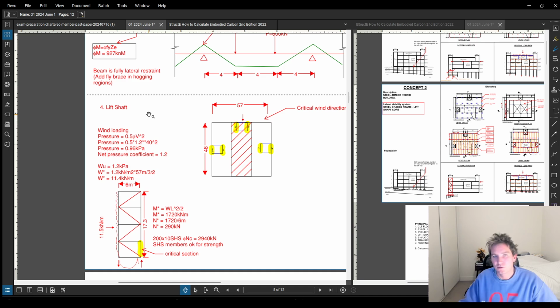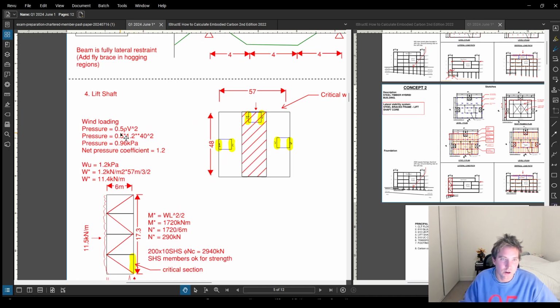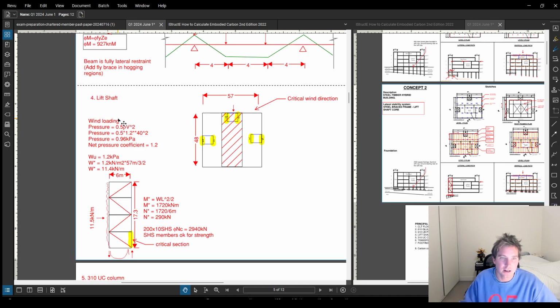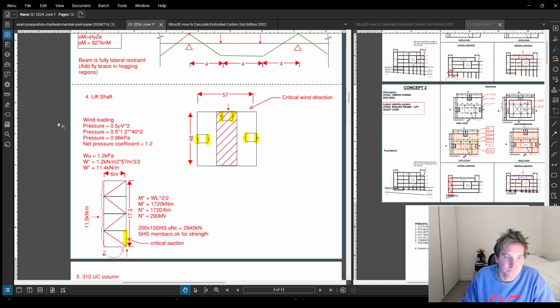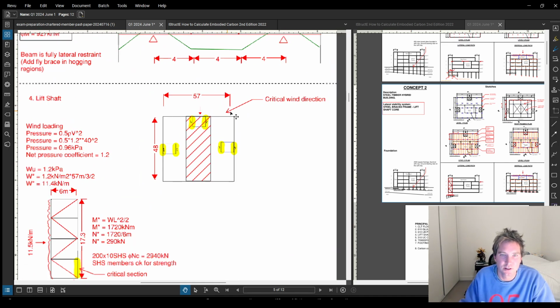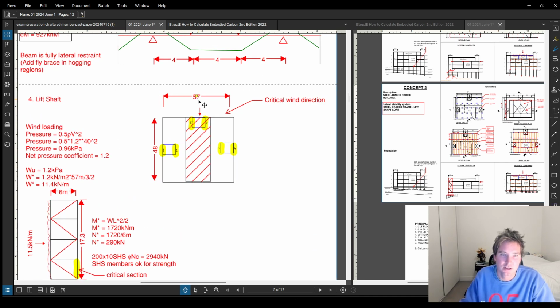So if you remember from university, 1/2 rho v squared to get your pressure. And then again, I'd probably go back up to my assumptions, or maybe write it here, the wind code that I'm using to get these more refined calculations where I've got my net pressure coefficient. And then I pick the longest or the widest elevation as my critical wind direction.